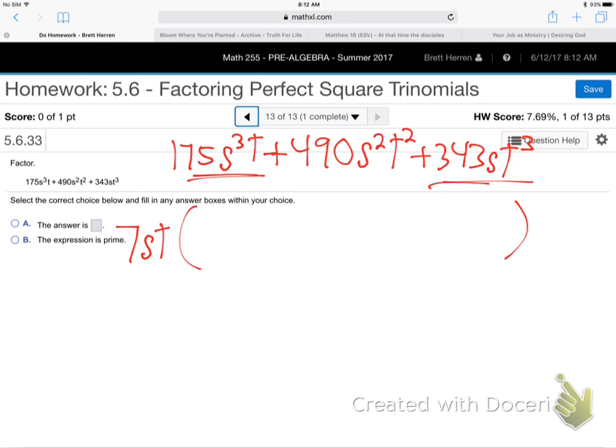All right, what goes on the inside? What's that? 25 S squared. Good for the first one. Plus, so that's 70ST for the second.